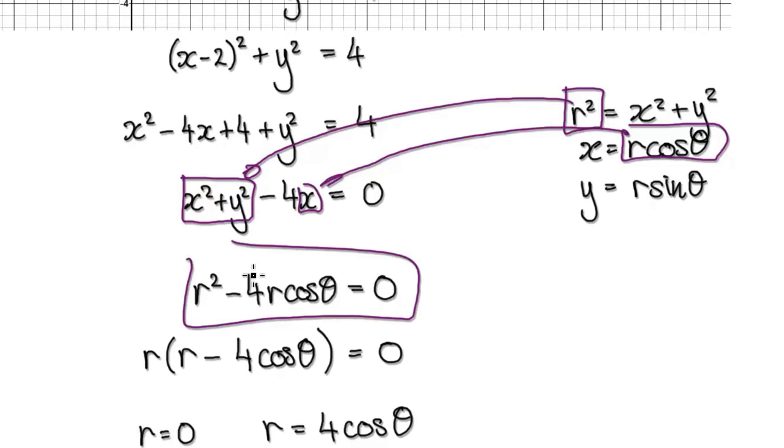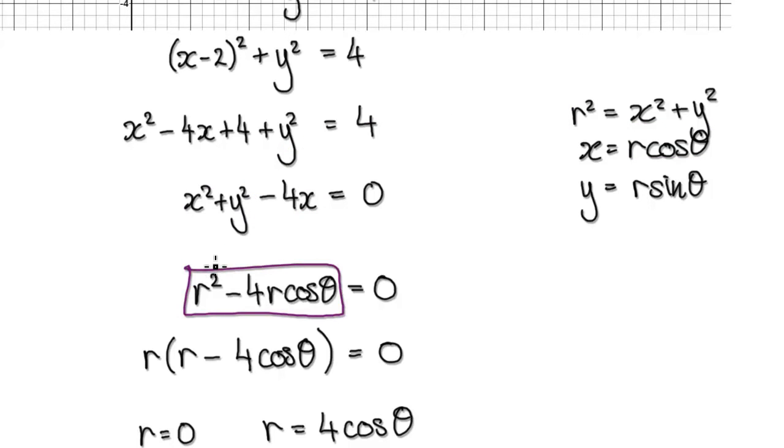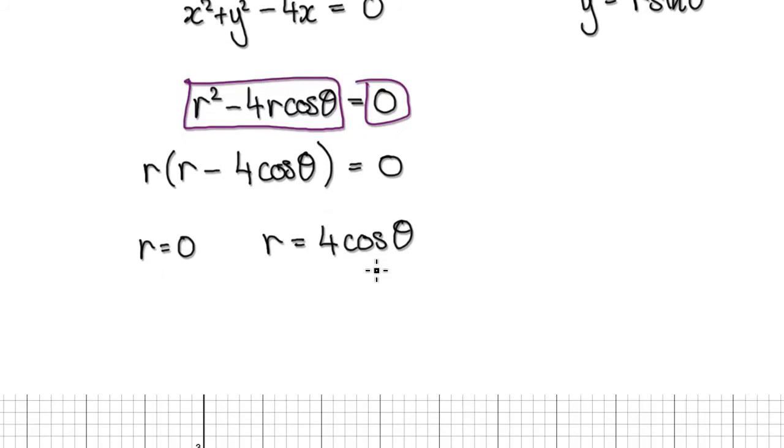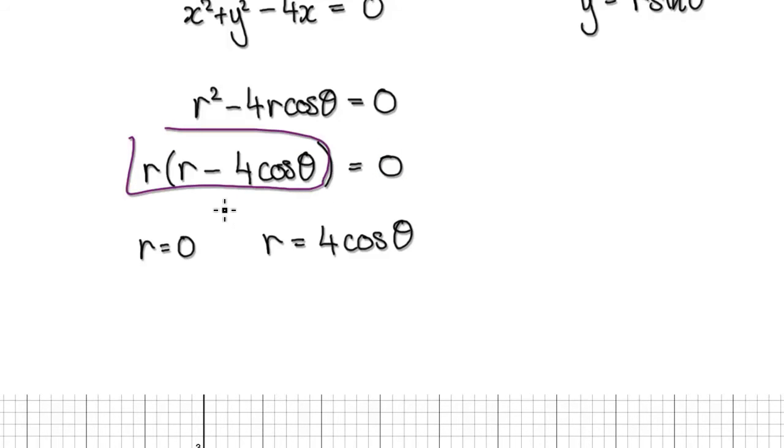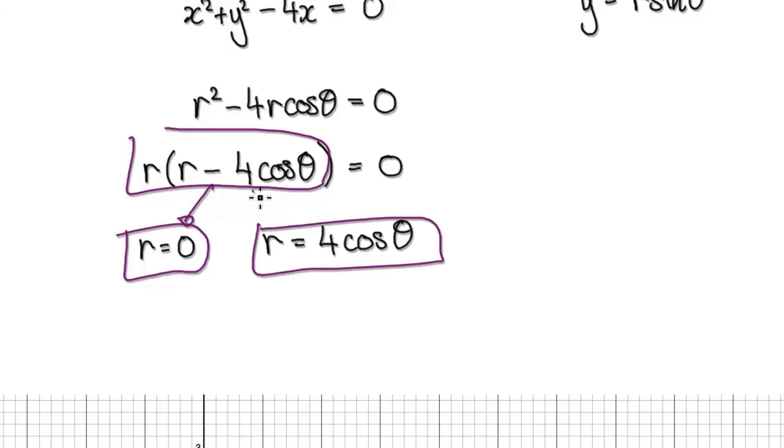So whenever you demand that this thing here equals 0, then it will draw out the whole blue circle. But you demanding that this equals 0 is the same as you demanding that this equals 0. Well, you demanding that this thing equals 0 is the same as you demanding r equals 0 or this equals 0.